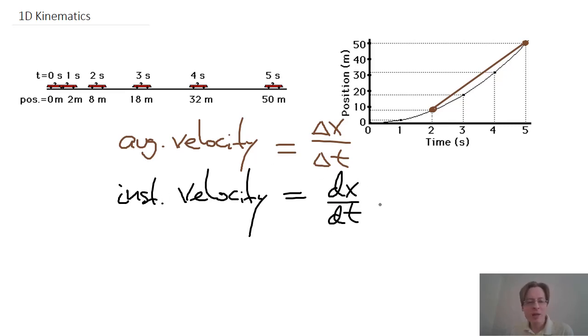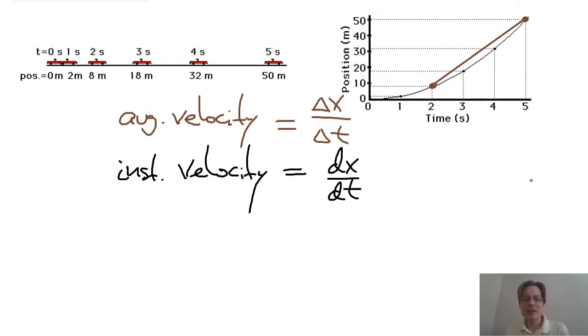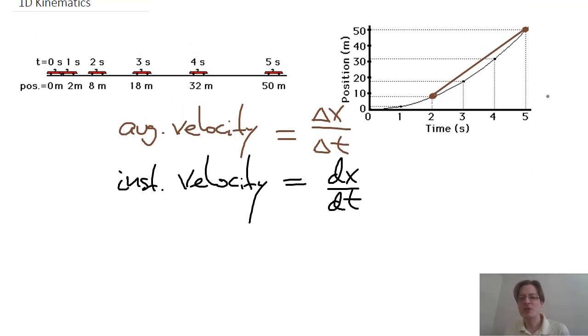Remember when finding velocities that you can always go back to units to remember the equations. Velocity is meters per second. And so you're always going to be taking something in meters divided by a time interval to get velocity. Now, in this case, the car is not changing its direction, so the velocity is always positive.